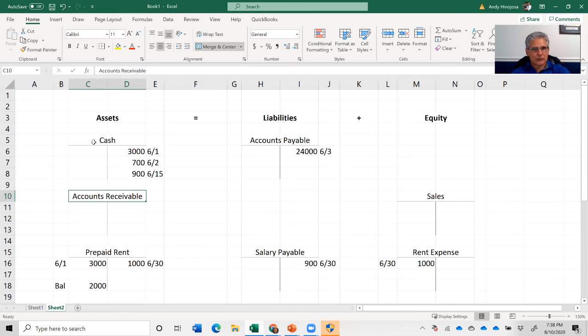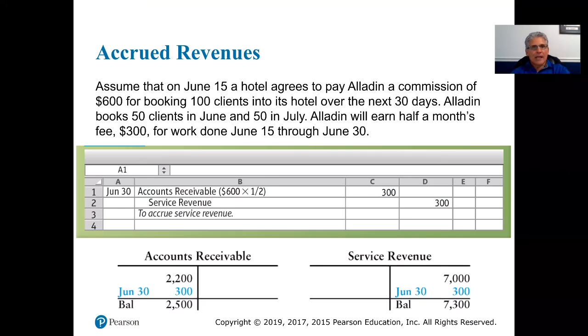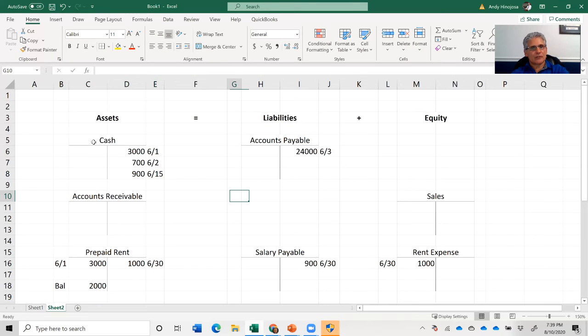Okay, so we have accounts receivable, that is an asset. I pushed it up towards the top right underneath cash because typically accounts receivable in the listing of normal assets is just under cash. So we have accounts receivable listed towards the top. And then we also are going to list sales under equity, and that's usually above the expenses. All right. And the amount we're going to debit accounts receivable for is $300.